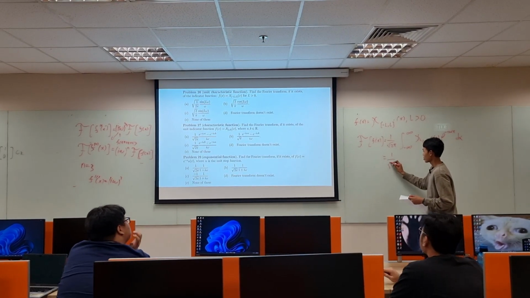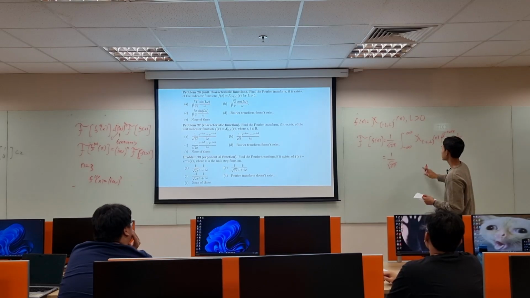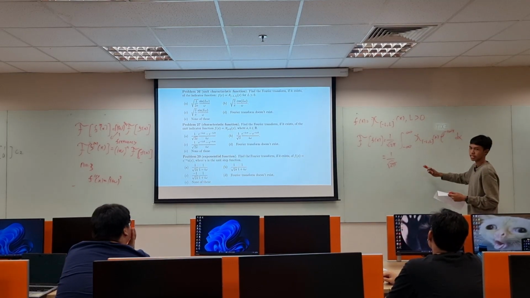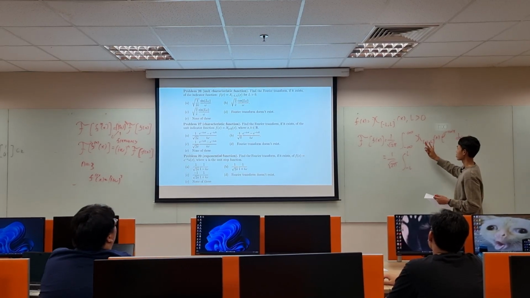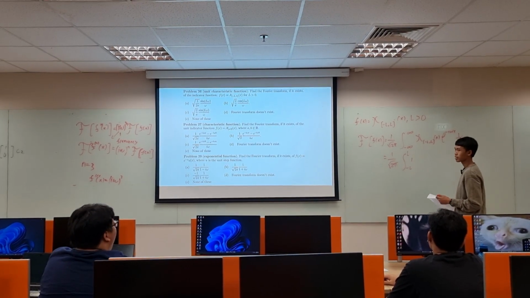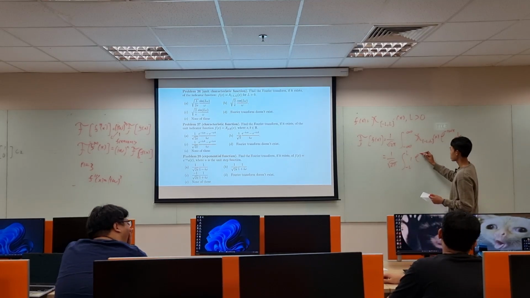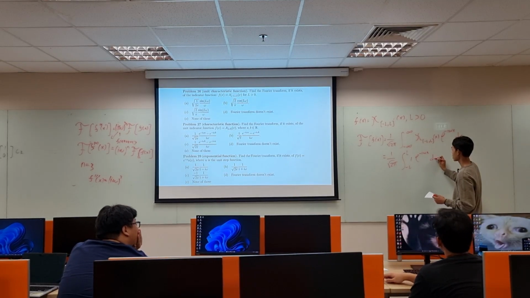Since it is from minus L to L, as I graphed before, we can change the integration limits to minus L to L, so the chi is gone, it's 1. So 1 over square root of 2 pi times the integral of e to the minus i omega x dx.